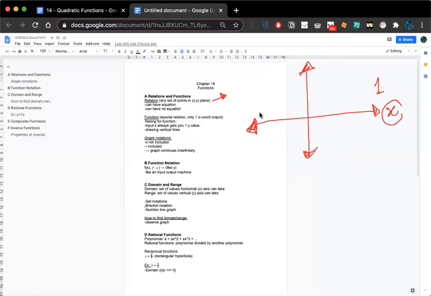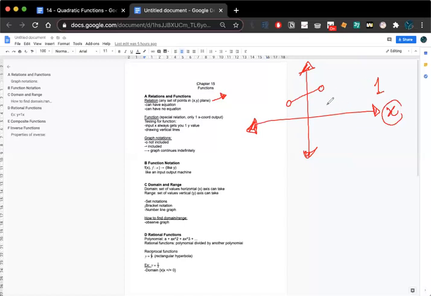Okay, so after that, we also have some graph notations that you should know. By the way, this is what you call a piecewise function.